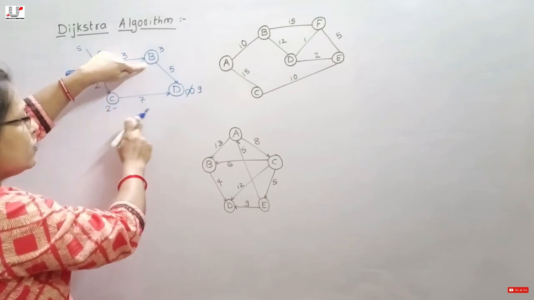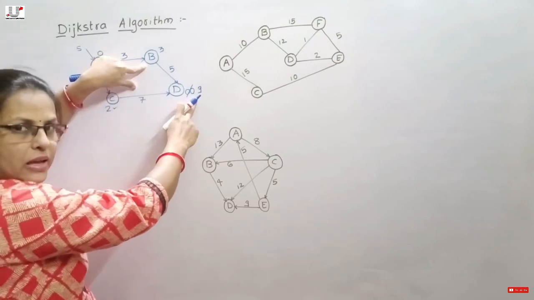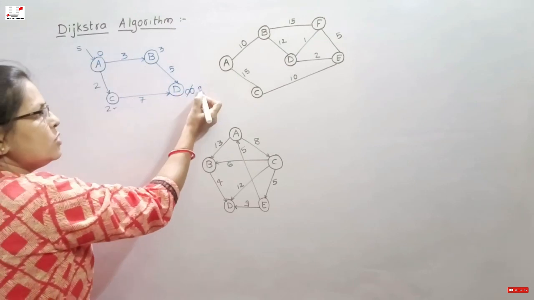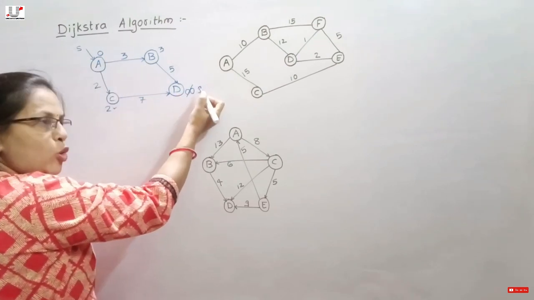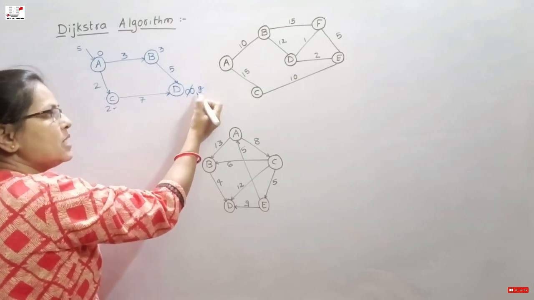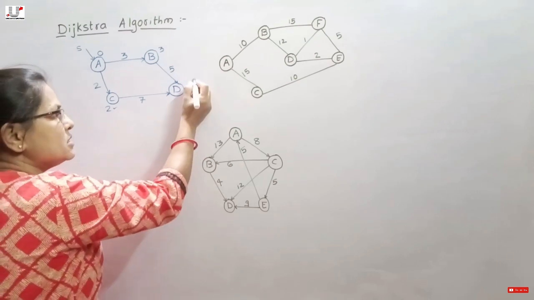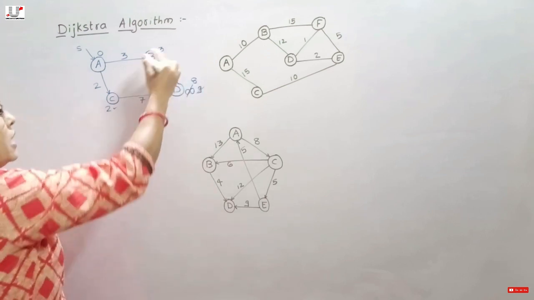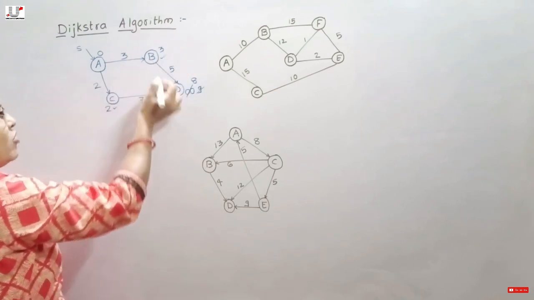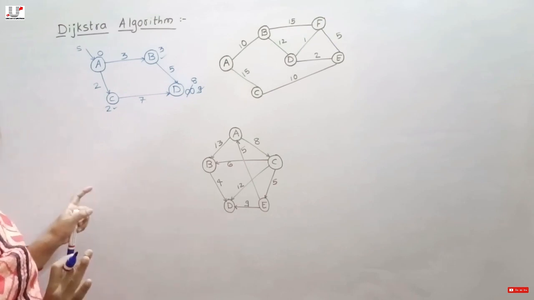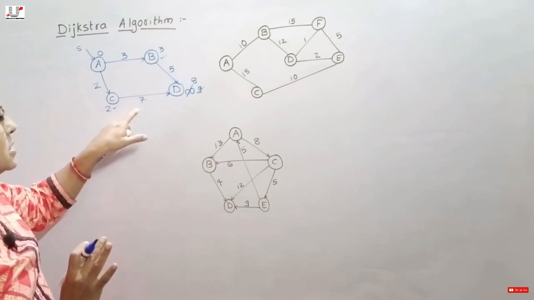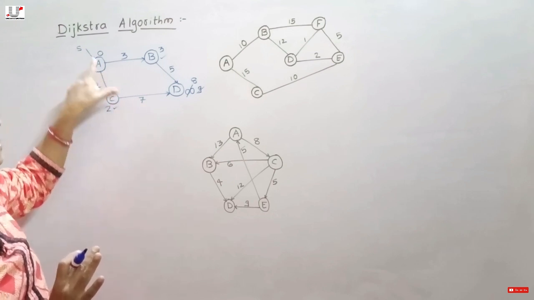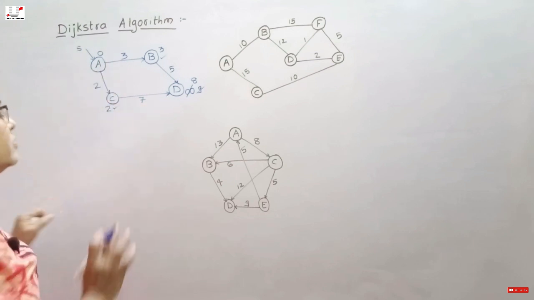Via C we calculated the distance as 9, and via B it gives a distance of 8, and obviously 8 is less than 9. So we replace 9 with 8. Now, as all the vertices have been marked as visited, this is the working principle of Dijkstra algorithm.